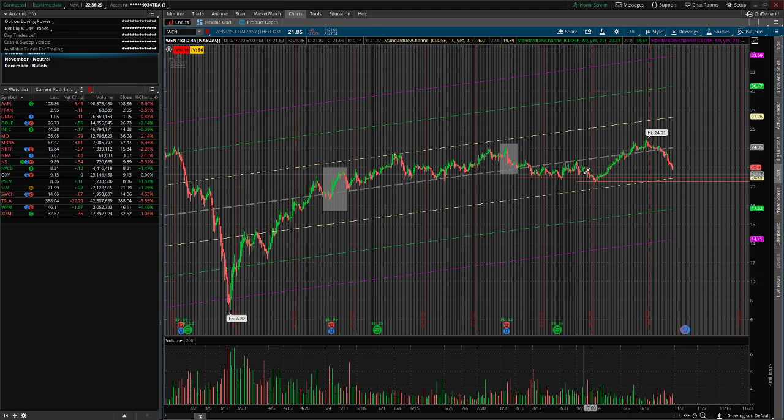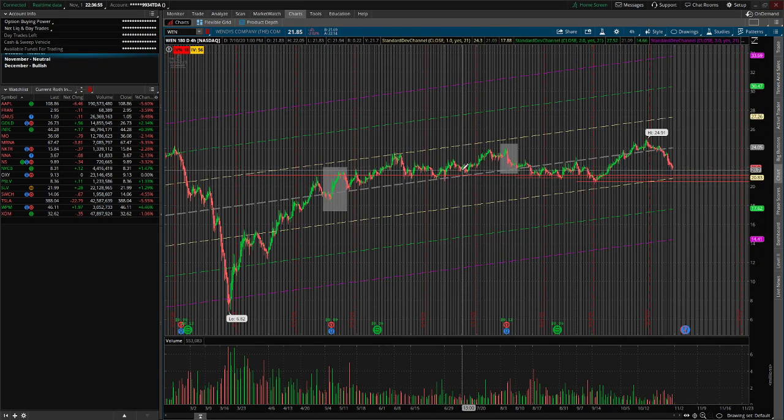Everything else above it is pretty weak. You've got this one, that's kind of weak, if you ask me. Let's see if there's anything to the left of it. I mean, arguably, it's okay. So you've got this.